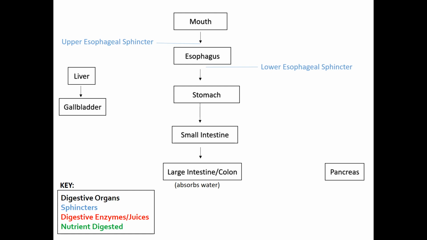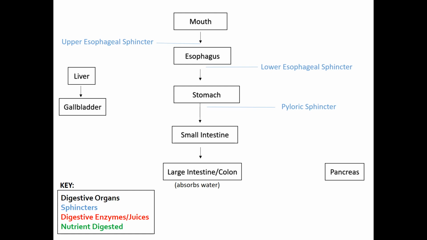Those are things that can weaken the sphincter for some people. Sometimes it happens with age, or sometimes it's just that you've eaten so much that your stomach is so full, it's pushing up against the sphincter and forcing things to splash back up. So lower esophageal sphincter, very important for preventing heartburn.